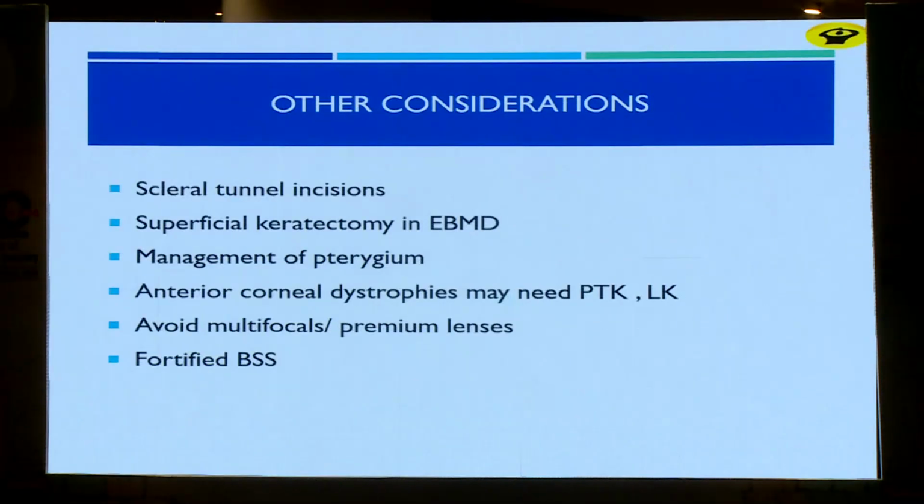The other consideration is you can also start with a scleral tunnel, which is actually very good. Not all clear corneal phacos are perfect. Superficial keratectomy in EBMD, management of pterygium first and then the cataract if you have a lot of astigmatism, and avoid premium lenses.